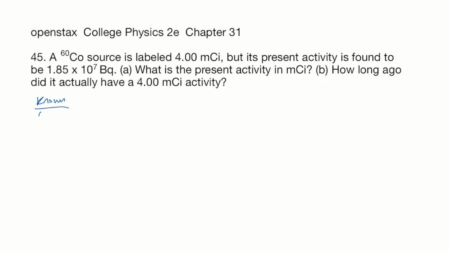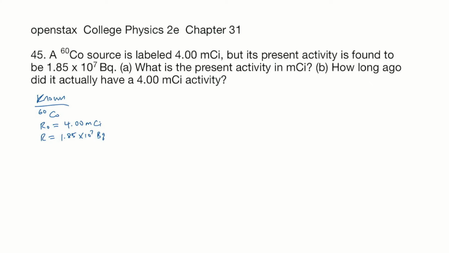Okay, so we have cobalt 60. We know that the initial activity, so R naught, is 4.00 millicuries. We know the present activity R is 1.85 times 10 to the 7 becquerels.